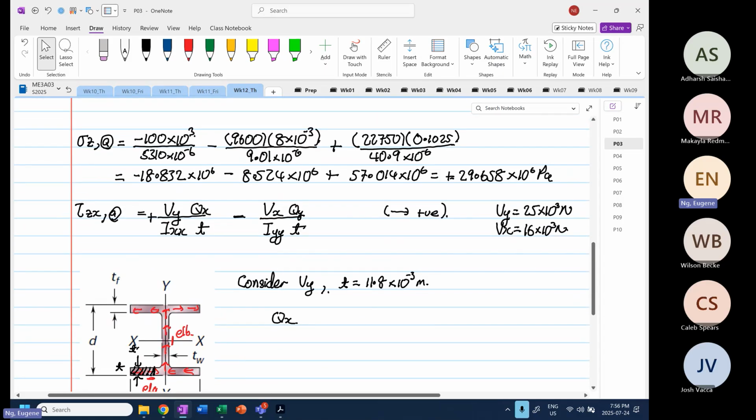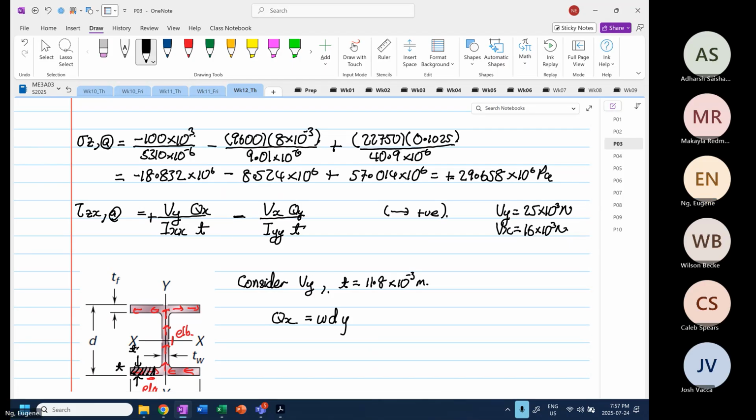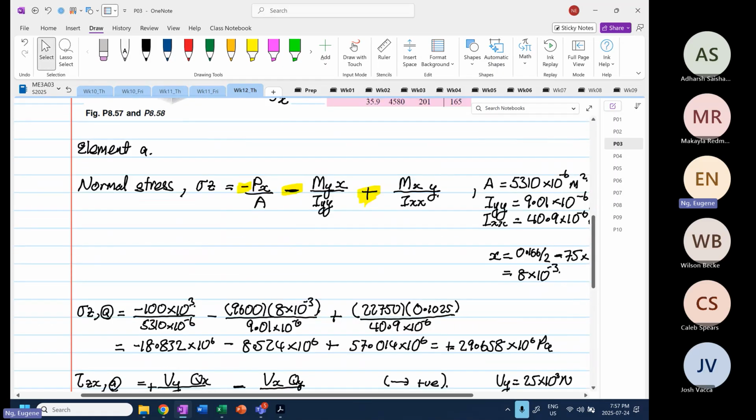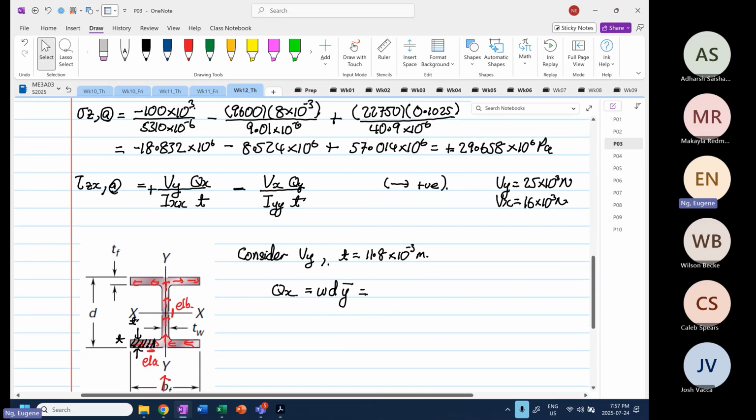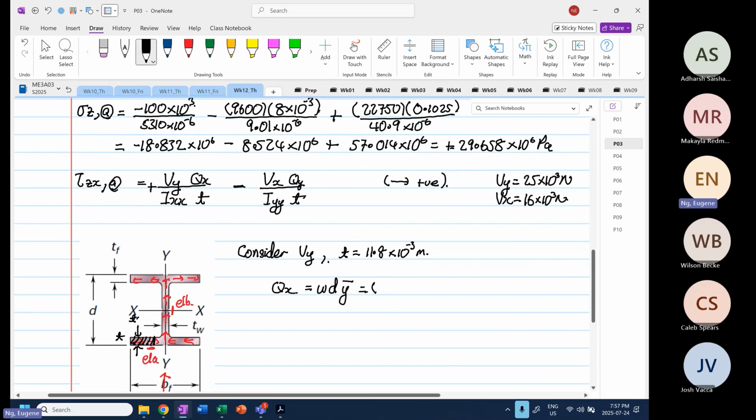So this is equal to Qx: width, depth, y bar. The width from the terminal to point A is 75, so it's equal to 0.075.